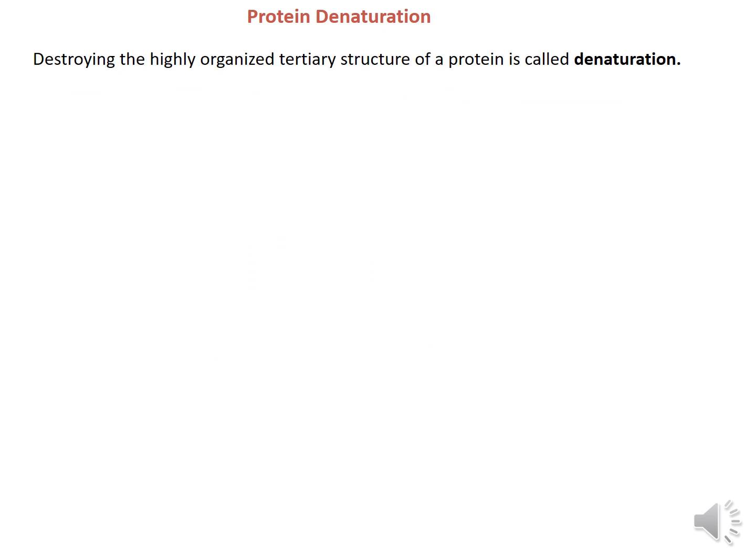Now let us discuss protein denaturation. What is protein denaturation? Protein denaturation means destroying the highly organized tertiary structure of proteins. It involves structural changes, the disruption of non-covalent interactions available in the proteins. There are several factors influencing denaturation.